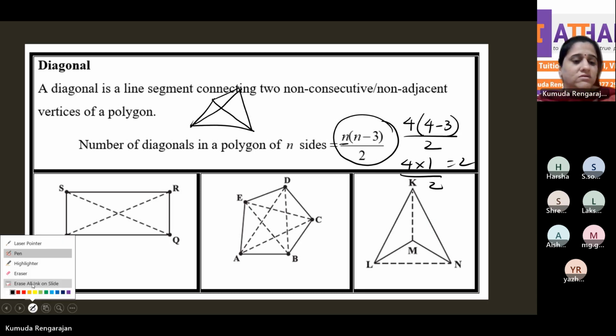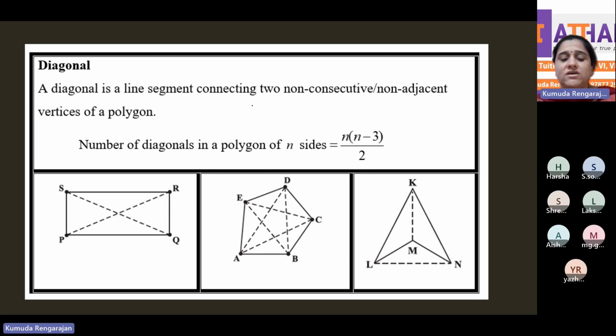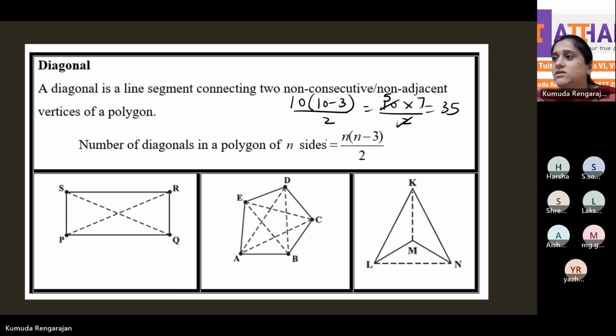Now, supposing a decagon, 10 sides. The number of diagonals in a decagon is 10 into 10 minus 3 divided by 2, which is 10 into 7 by 2. 2 fives are 10, 5 sevens are 35. A decagon has 35 diagonals.